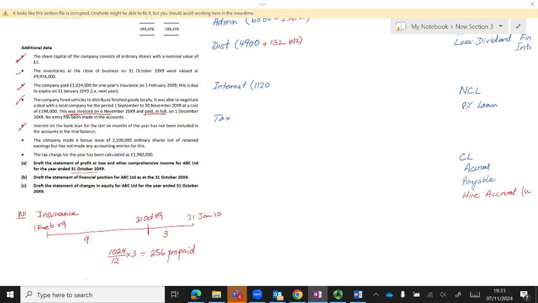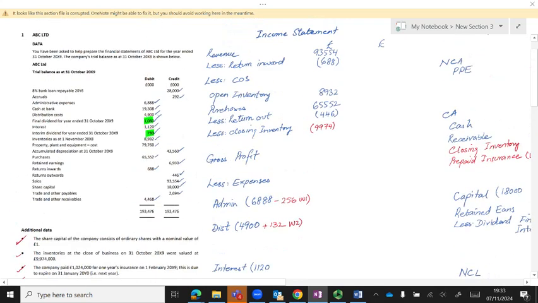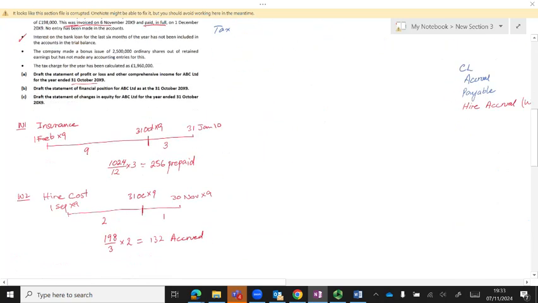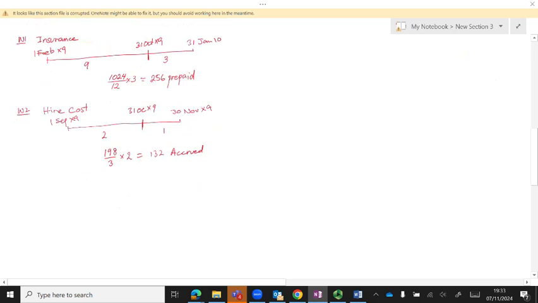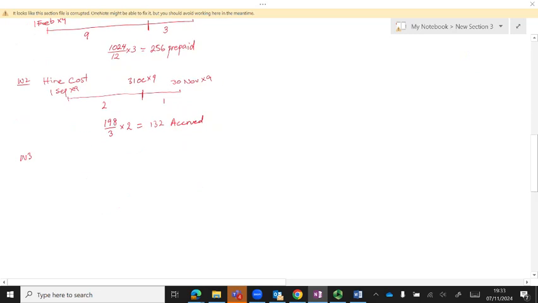So the interest on the loan, you can see that the loan figure was the first figure, 28,000 multiplied by 8%. 28,000 multiplied by 8% gives us 2240.